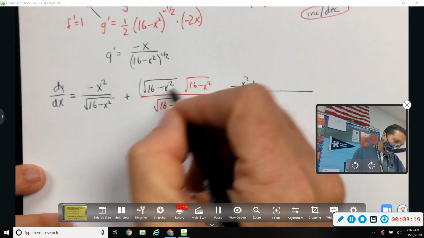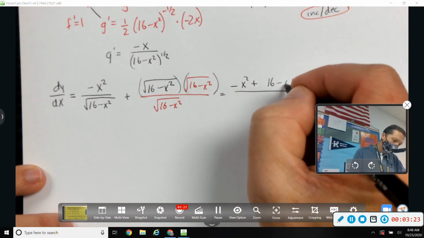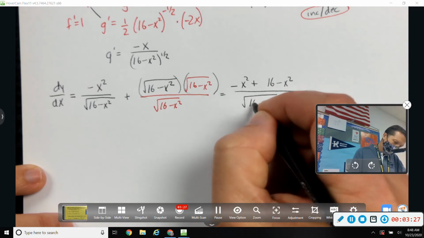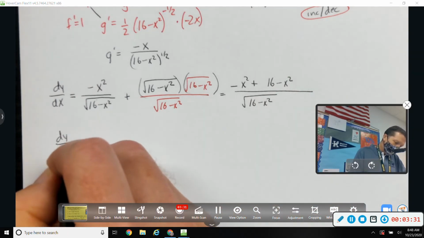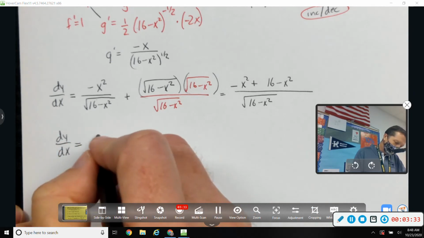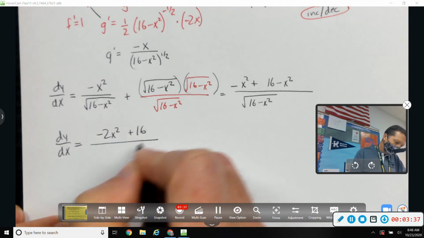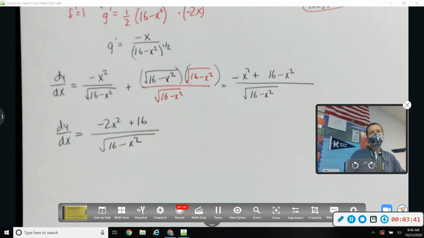And that just so happens to be square root times square root. So dy dx is negative 2x squared plus 16 over square root of 16 minus x squared.